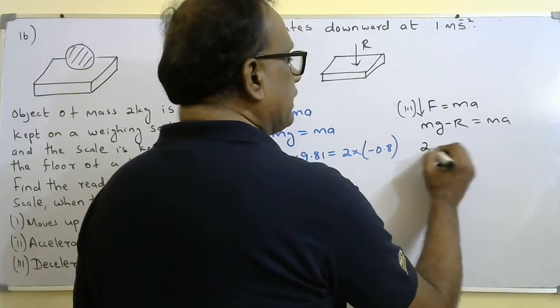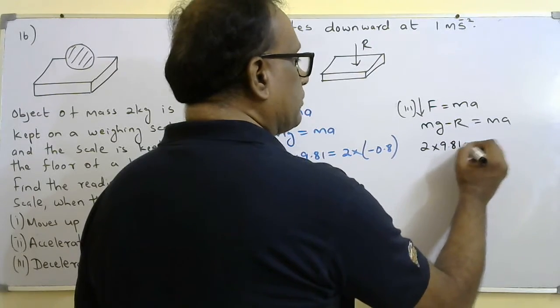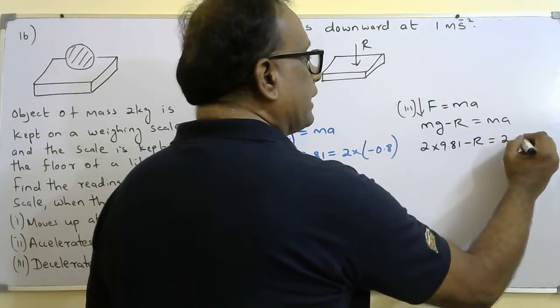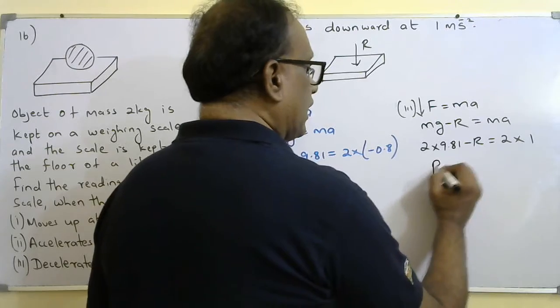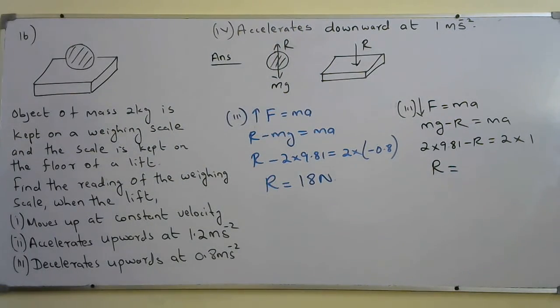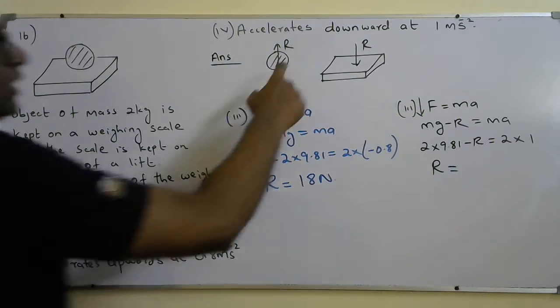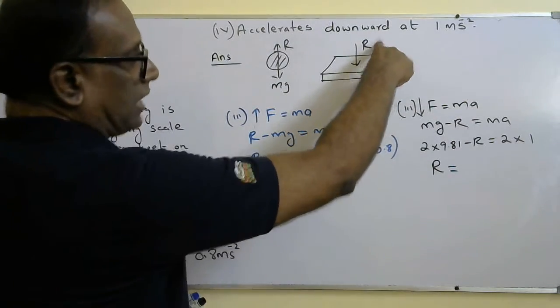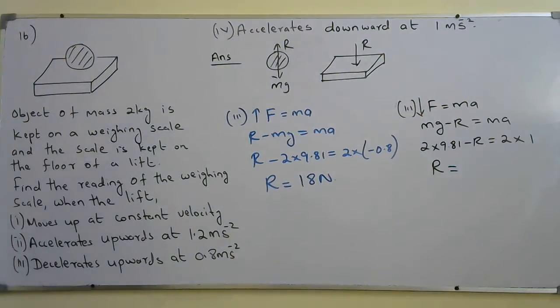So that is 2 into 9.81 minus R equals 2 into 1. Find the R. R is the reading, the third law pair of this one. That will be the reading, 15.62.